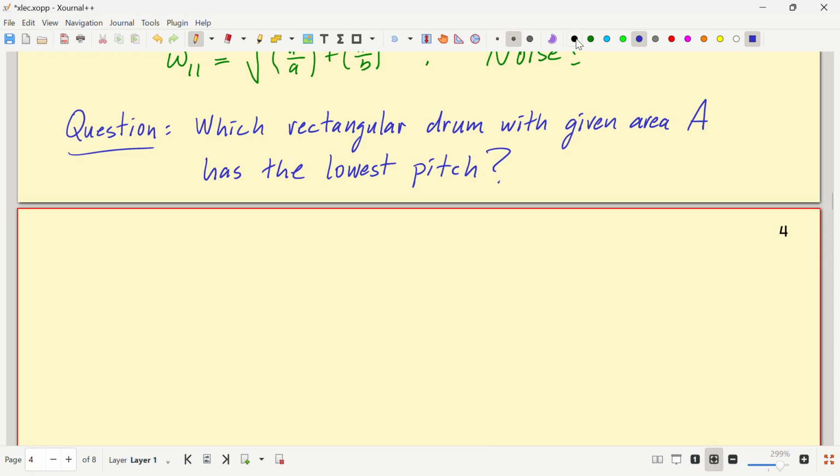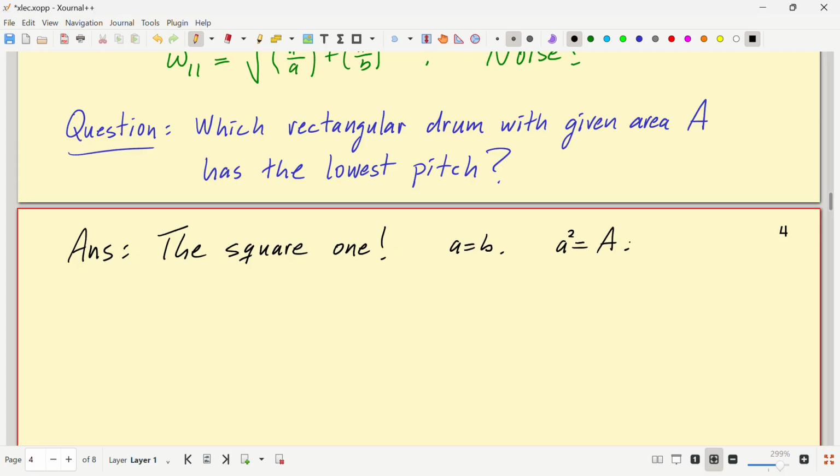It turns out the answer is the square one, when a equals b. That's a fun thing to think about.